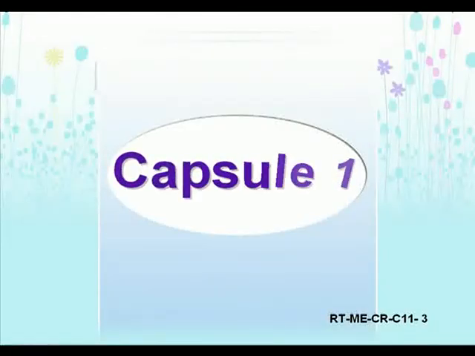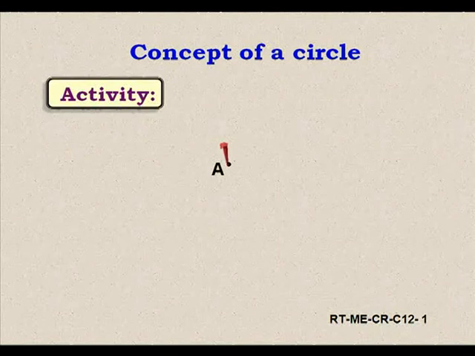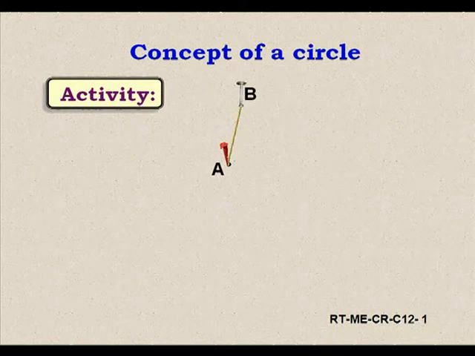Capsule 1. Concept of a circle. Fix a peg at A on the ground. Tie a rope to it. Tie the free end of the rope to a nail.